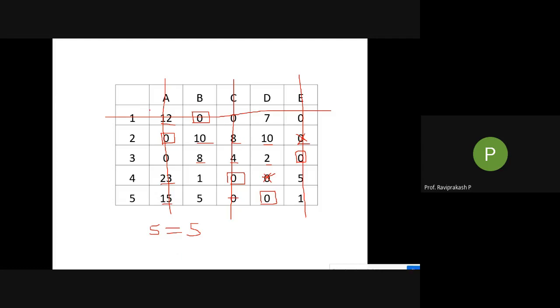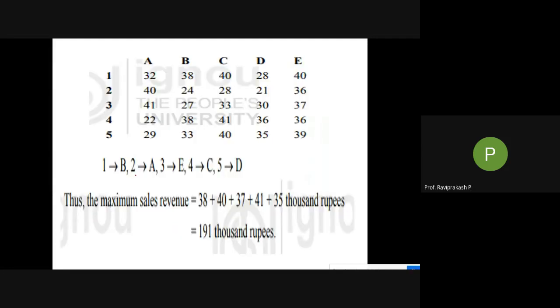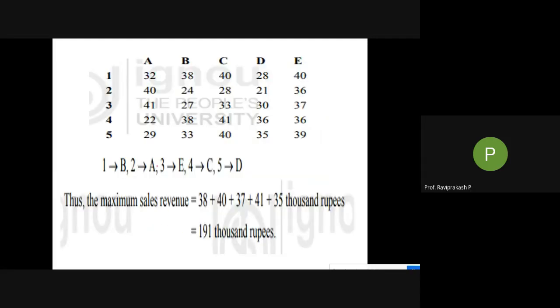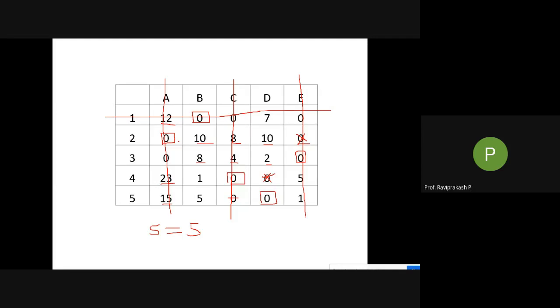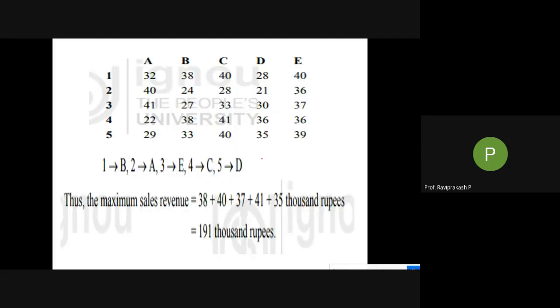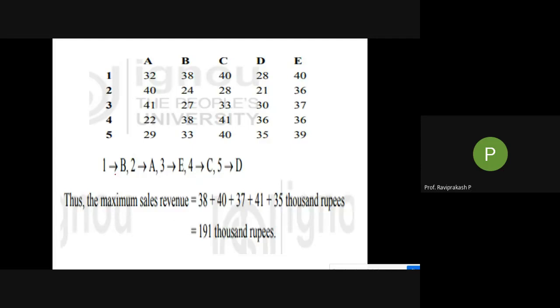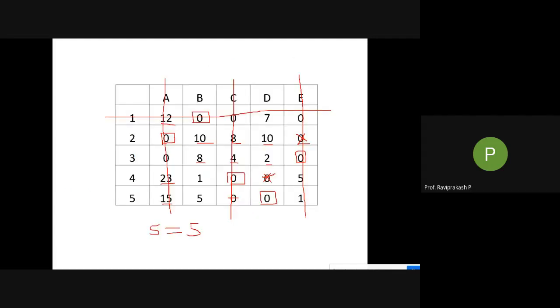So if you see, what is the answer? 1b, 2a, 3e, 4c and 5d. So if you come here, 1b, 2a, 3e, 4c and 5d, 5 at d.